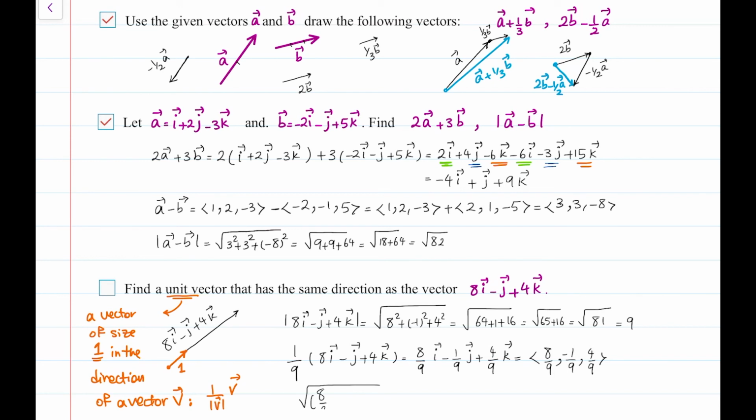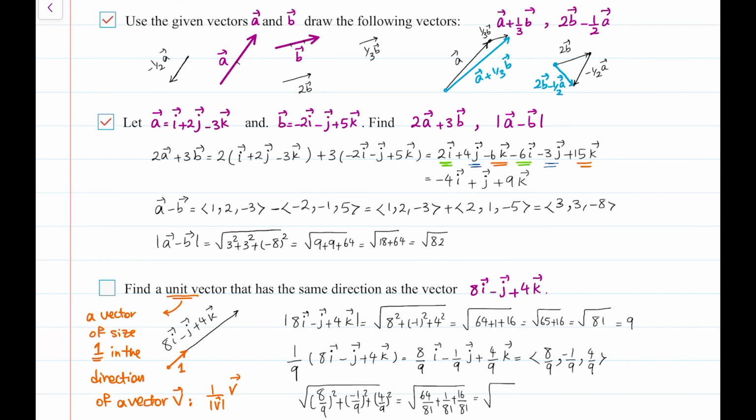Let's check. 8 over 9 square plus negative 1 over 9 square plus 4 over 9 square. Let me do a little bit of algebra. It would be 64 over 81 plus 1 over 81 plus 16 over 81.